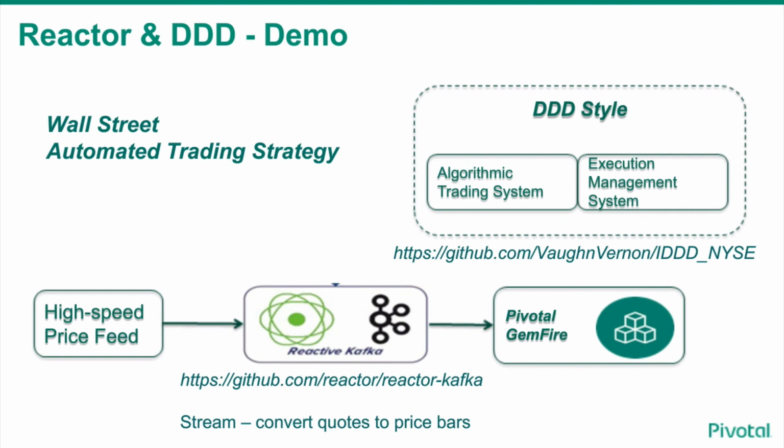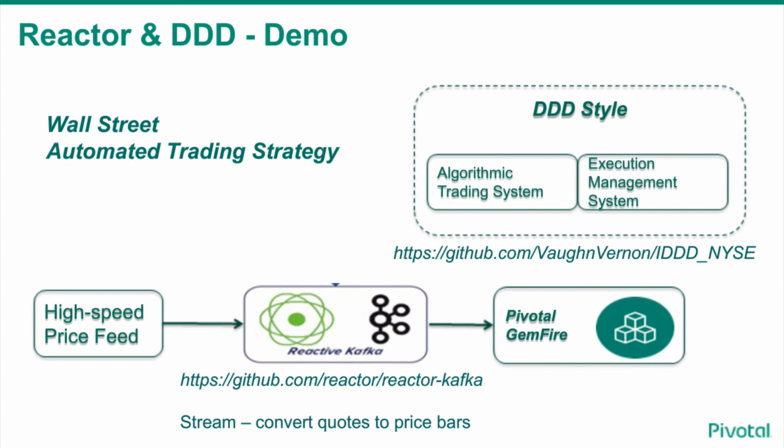The demo that I'm about to show you has Reactor and domain-driven design concepts built in as one. We're going to show a non-trivial demo, a Wall Street automated trading strategy. Several years ago, the Spring team and I built an algorithmic trading system based upon an execution management system.